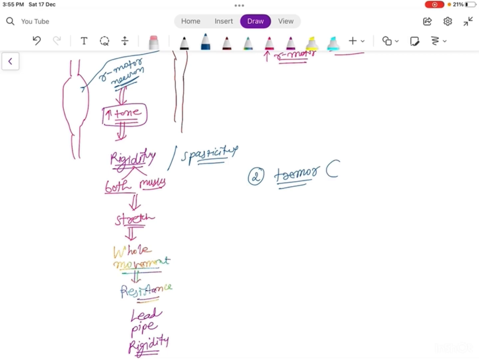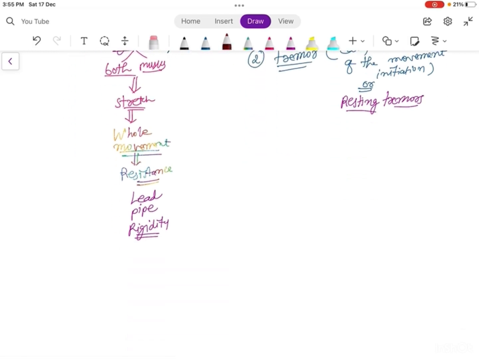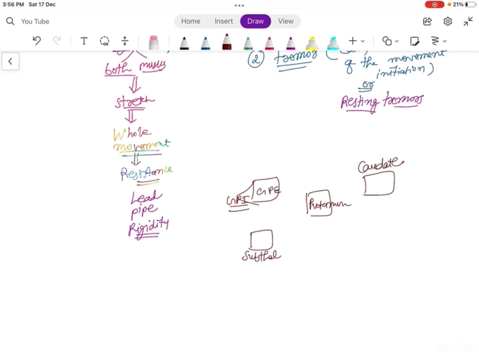when we start the movement of any muscle, the patient experiences the tremor, meaning the resting tremors. Why? Let me tell you. In the basal ganglia, a lot of nuclei are present. One is the caudate, one is the putamen, one is the globus pallidus externus, globus pallidus internus, and there is the subthalamic nucleus, and this is the substantia nigra, right?